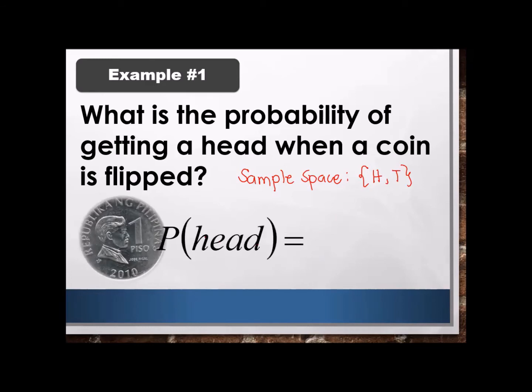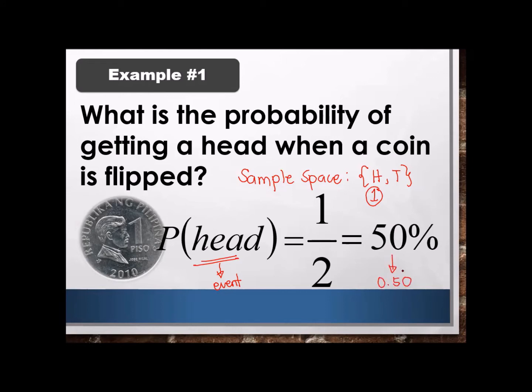Pagka nakakita ka ng P, and then parenthesis, nasa loob yung head dito, yan yung tinatawag natin na event. So, ang hinahanap natin ay head. Then, how many heads are there? Pagka nag-flip tayo ng coin once, we have only one. That's why the answer here is 1/2, which is equivalent to 50%. Or in decimal, it is also equivalent to 0.50.